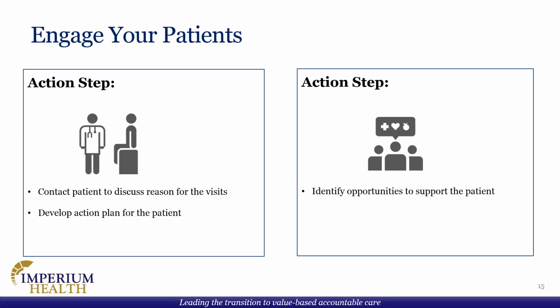So the things that I think are important is, how do we make sure that we're contacting those patients to discuss the reason for the visit? How do we make sure that we're contacting the patient to develop an action plan? Because everything is designed around, how do we best support this specific patient to maybe be a little less vulnerable, to help that patient to really own their health, to manage their health, and to feel better about their care.